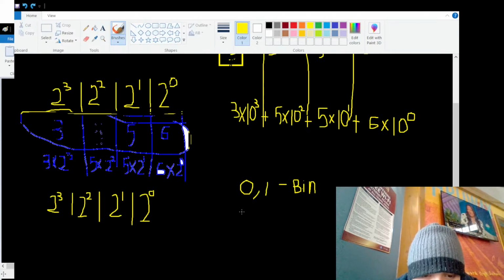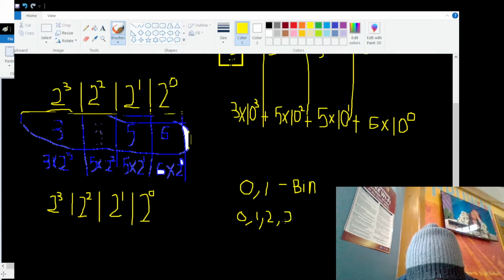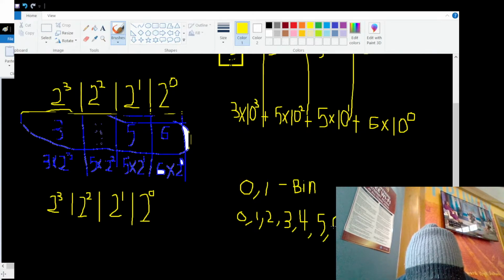And if it was the decimal system, it would be based off of 0, 1, 2, 3, 4, 5, 6, 7, 8, 9.